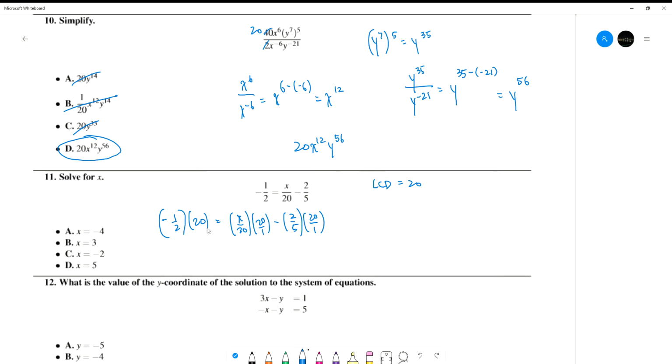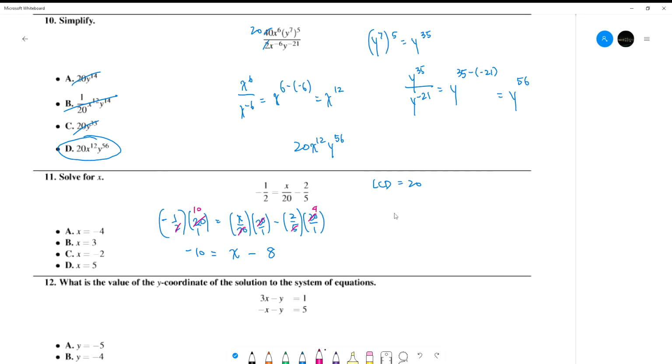So this is equal to negative 10 is equal to x minus, and what is this? 8. Does everyone see that? Remember how to multiply fractions? Cancel out first, so you've got negative 10. The 20s cancel out, so you just get x. And then the 5 cancels into the 20, and you get a 4. So negative 2 times 4 is negative 8.